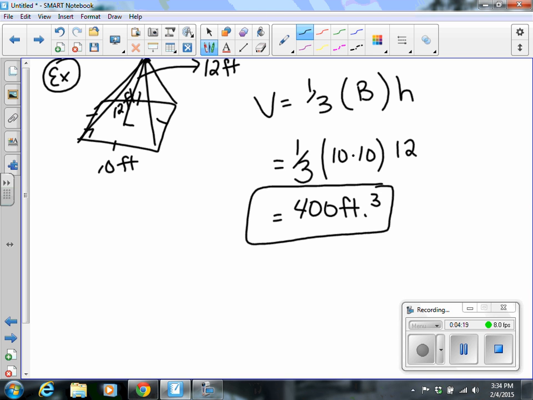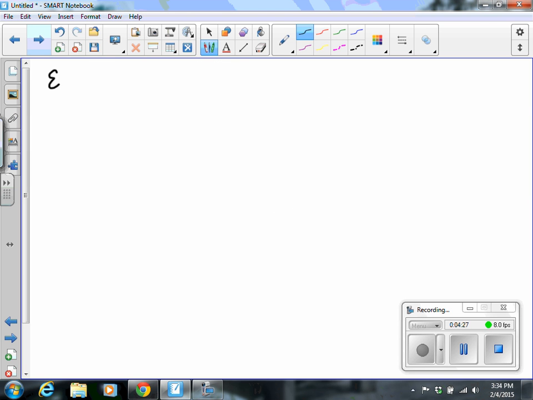A cone is still the same. It's just tricky to remember what the area formula is for a circle sometimes. It's like a party hat, and I want to figure out how much could fit into my party hat.